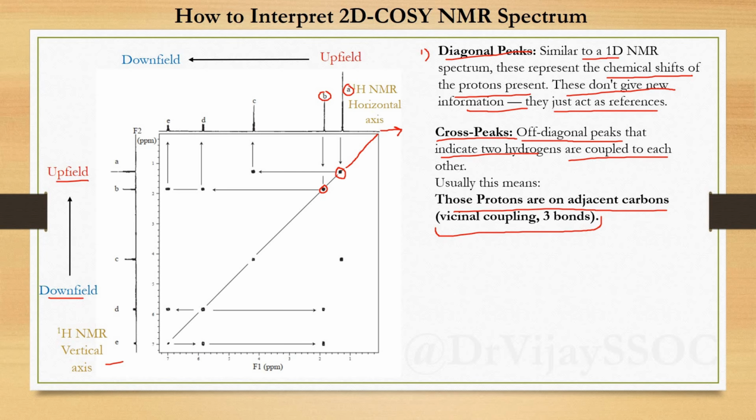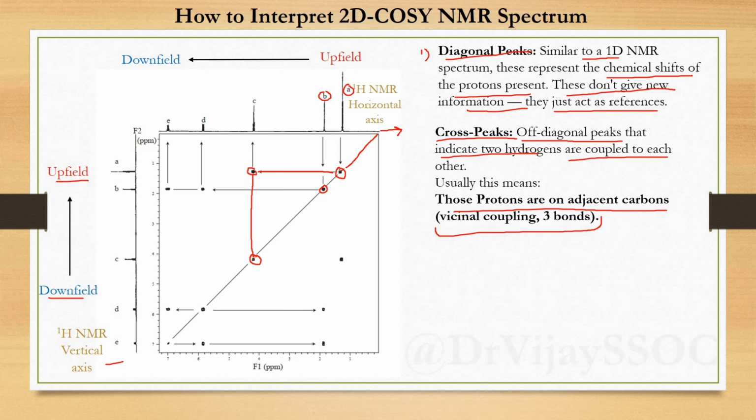There are two ways. First, you take a diagonal peak and draw a horizontal line like this and see if it is connecting to any cross peak. So this is connecting to this cross peak. Now draw a vertical line from this, and it is connecting to this diagonal peak.